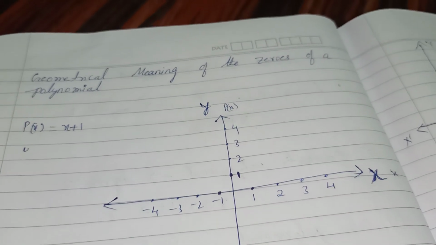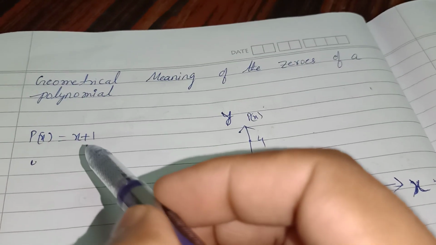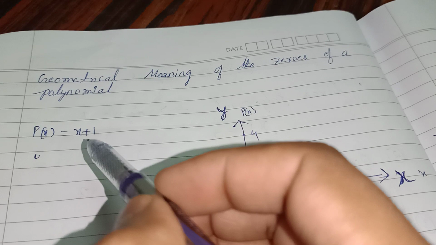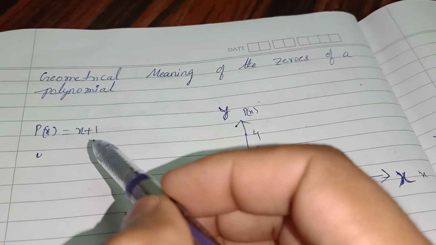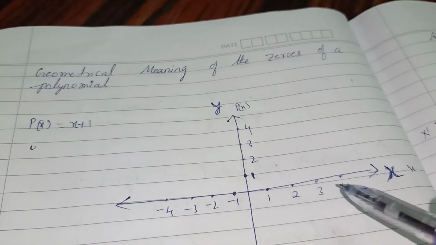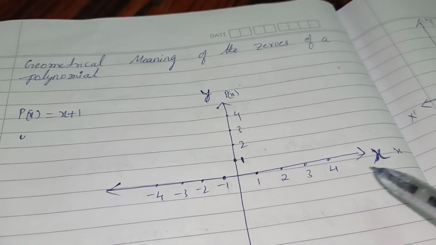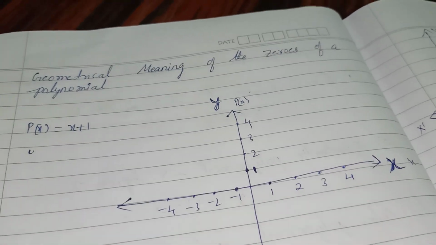Let us see. For example, p(x) = x + 1. We'll draw the graph. This is the x-axis and this is the y-axis. On the y-axis we consider p(x), and on the x-axis we consider x.